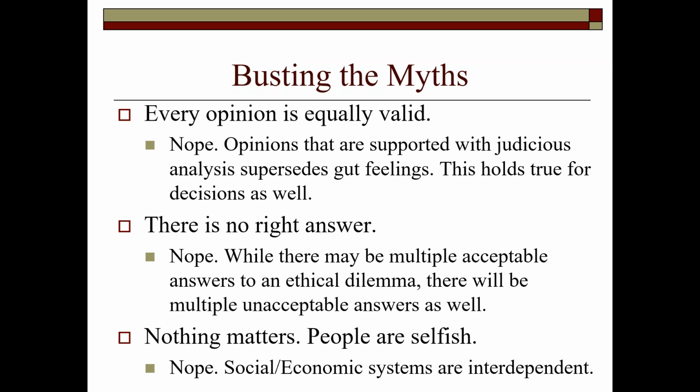The social contract, which we'll talk about in a couple chapters, the social system and the economic system that we live in depend upon people making ethical choices, making choices that support those social systems and those economic systems.